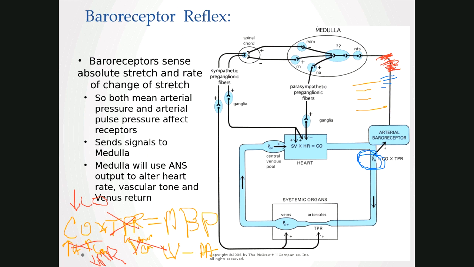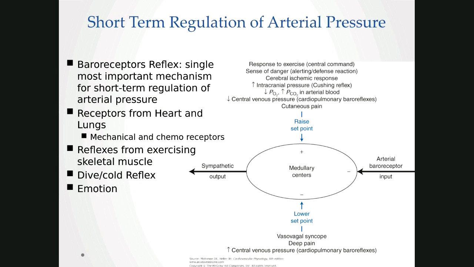Okay, so when you think of, again, short-term regulations to blood pressure, the baroreceptors are one of our systems. The other system we have, again, is the Bainbridge reflex, and the Bainbridge reflex really doesn't care about blood pressure. It cares about protecting the heart. And remember, the right atria is where those stretch receptors are.